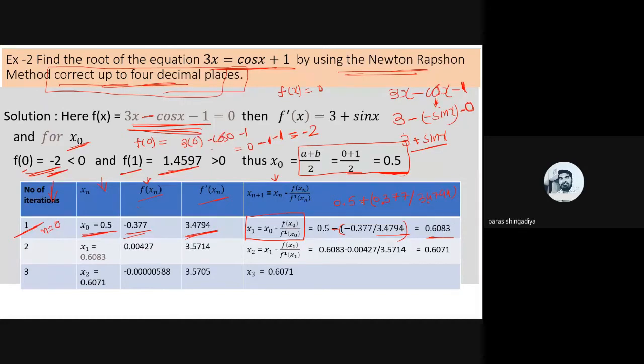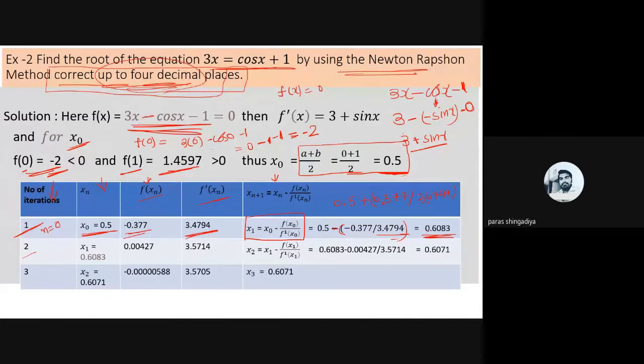In this final evaluation, it will be 0.377 divided by 3.4794. Just close the bracket and check the answer. You will get 0.6083522015. Consider up to 4 decimals because we require the answer up to 4 decimal places, so that will be 0.6083. Clear?